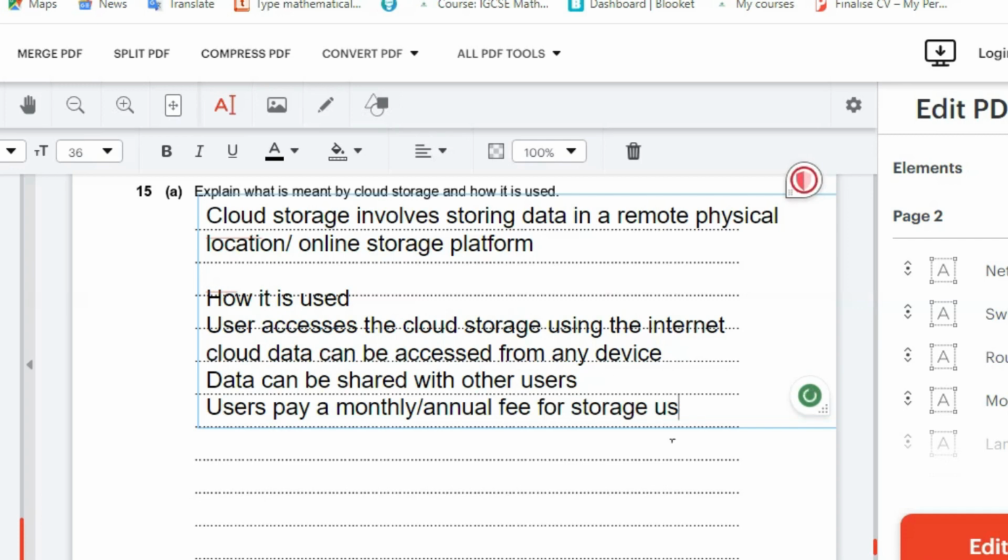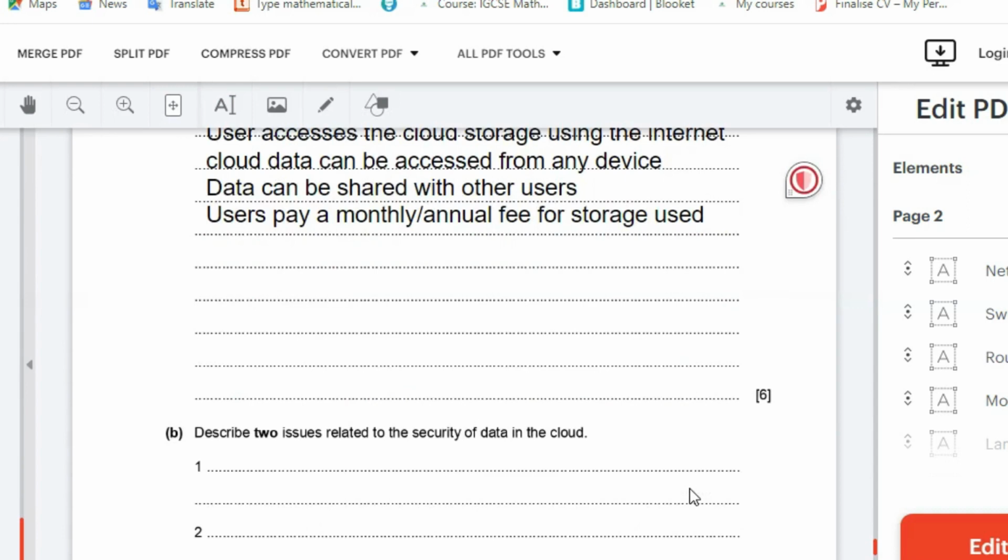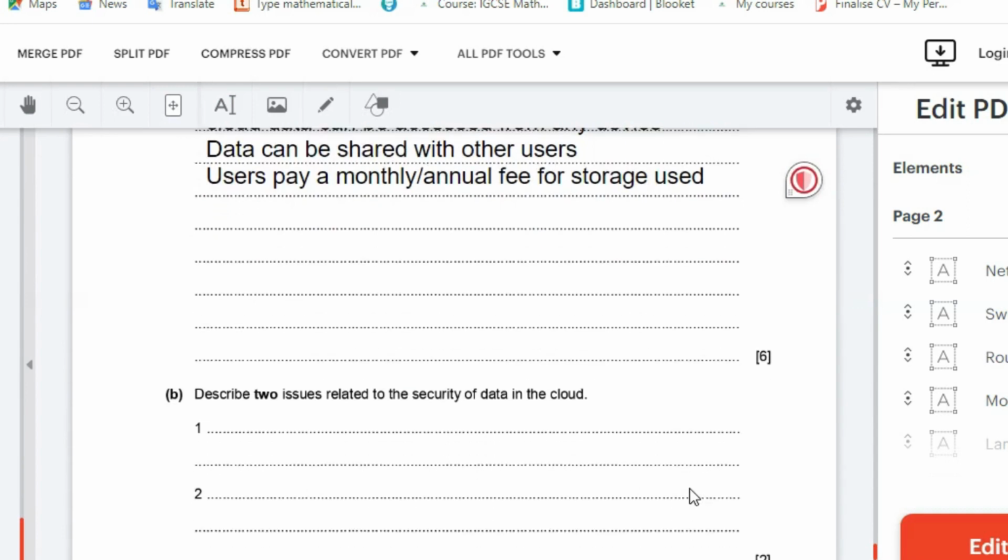All right, let's go to question 15B. Question 15B says, describe two issues related to the security of data in the cloud.